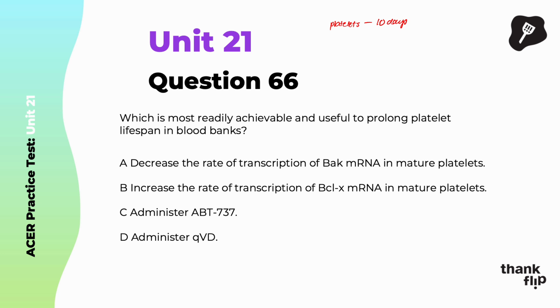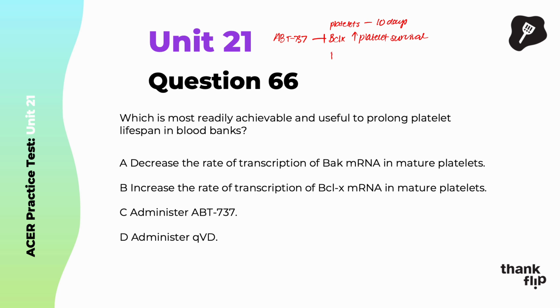So we have BCLX, and it says that it enhances platelet survival. So I'm going to put that there. And then you have ABT 737, and this inhibits BCLX, okay?